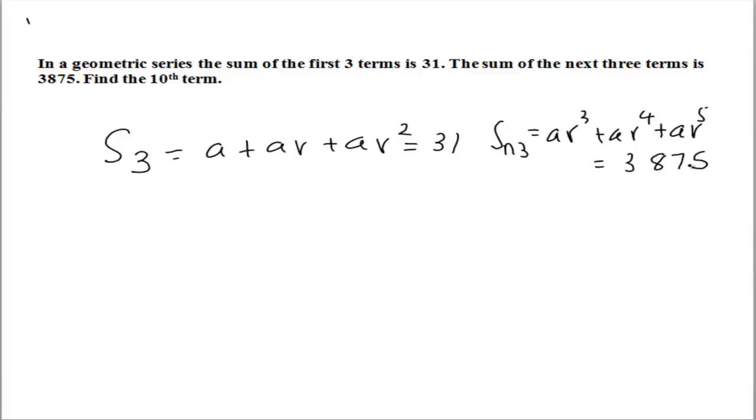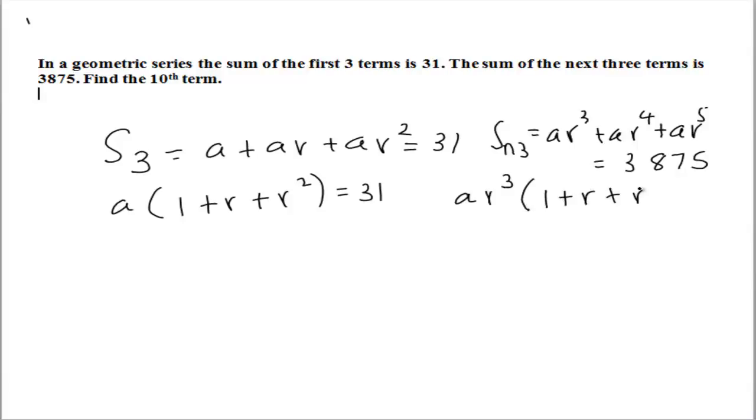Now here we will take out the common factor, which is a into (1 + r + r squared), and that's equal to 31. On the other side we will take ar cubed as a common factor, and we will have (1 + r + r squared), and that's equal to 3875. Now we can divide these two equations, the left hand side by the left hand side and the right hand side by the right hand side.